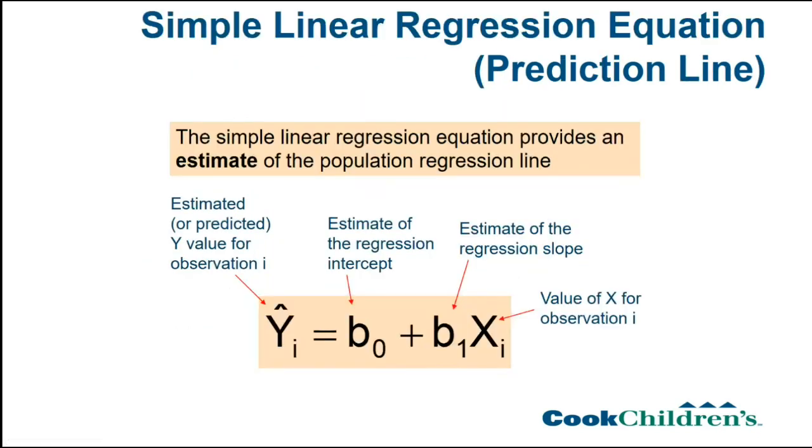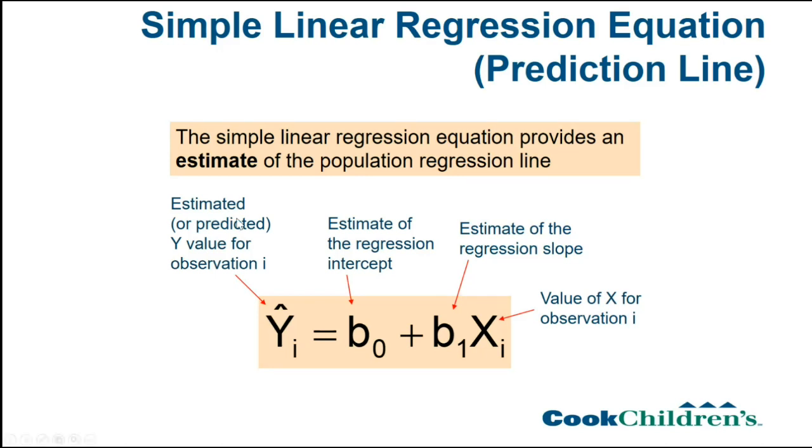So when we go into the simple linear regression equation, you take out the error term, and you're just trying to determine the actual equation for the line that models the relationship between x and y. The simple linear regression equation provides the best estimates of the population regression line based on your data set.